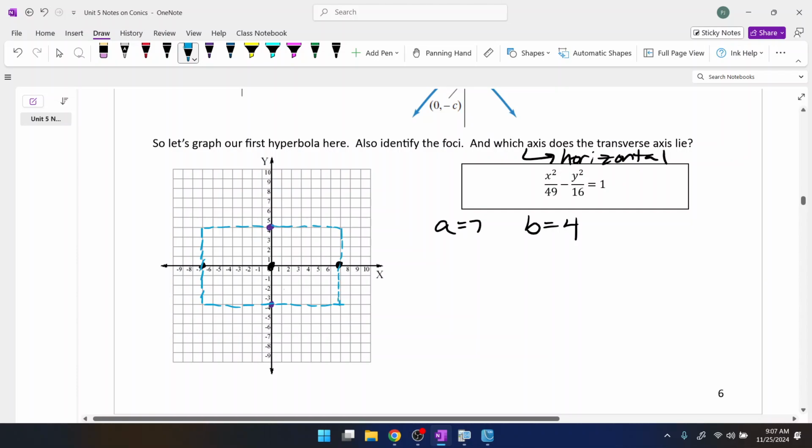And if you connect the dots here, the purpose of this is very simple. So let's see, 4/7. Yeah, it'll look something like this.